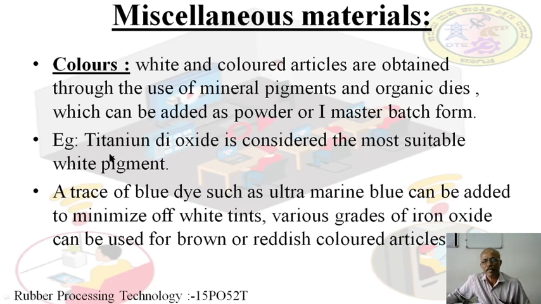Example, titanium dioxide is considered the most suitable white pigment. Next example, a trace of blue dye such as ultramarine blue can be added to minimize off-white tints. Various grades of iron oxides can be used for brown or reddish colored articles.